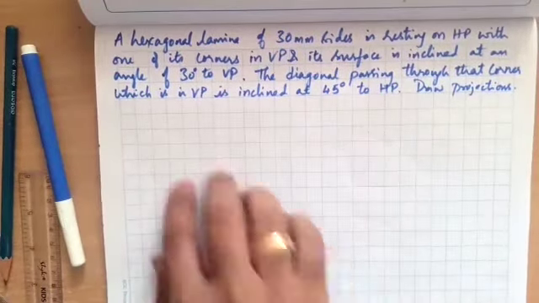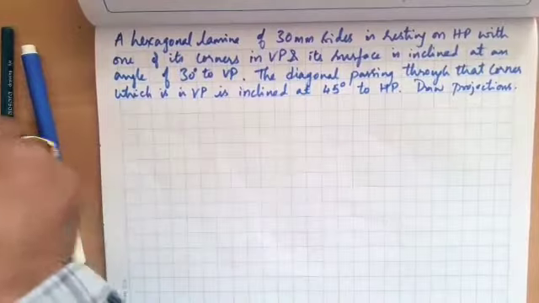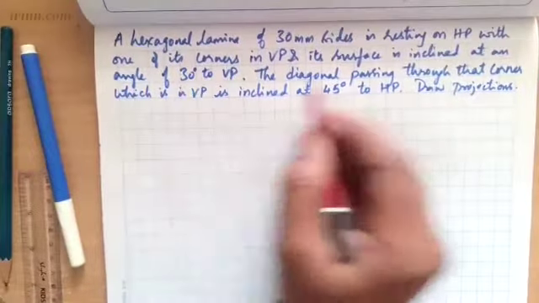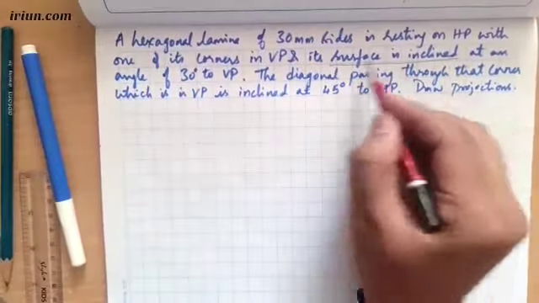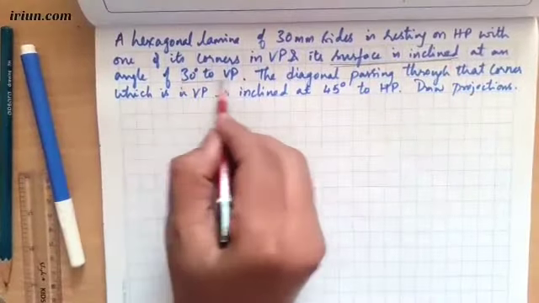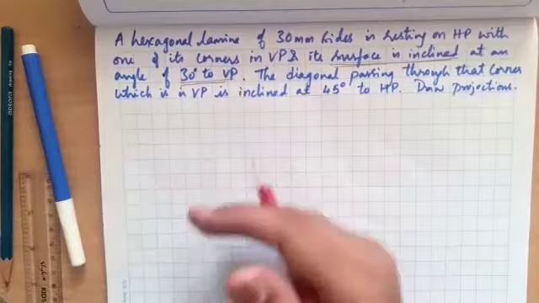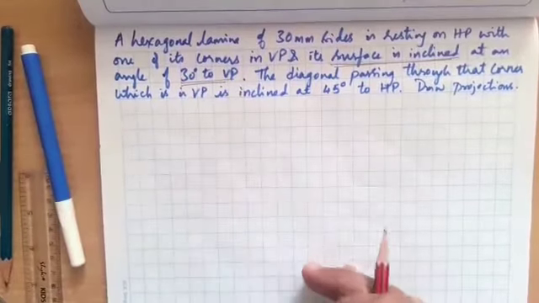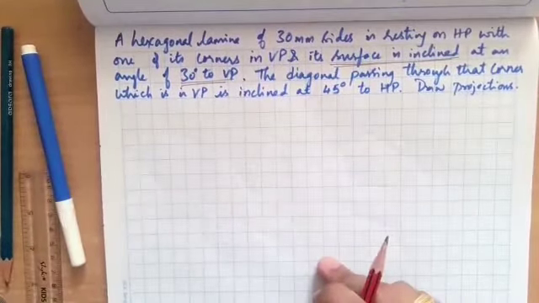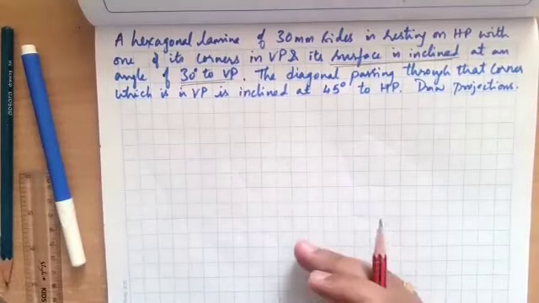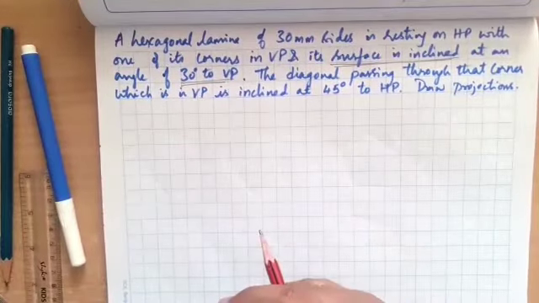When you read the problem, understand the statement, what are the hidden conditions given. For example, surface is inclined at an angle of 30 degree to VP means, on HP, there must be a line which represents the surface inclined to VP.